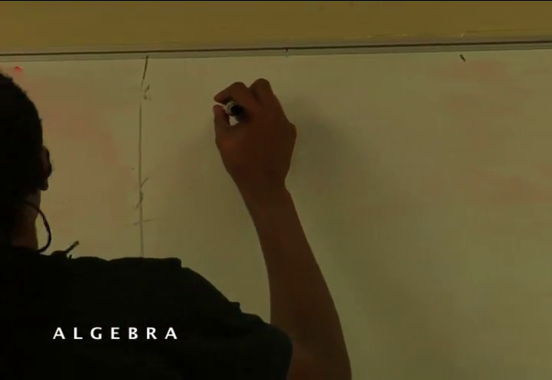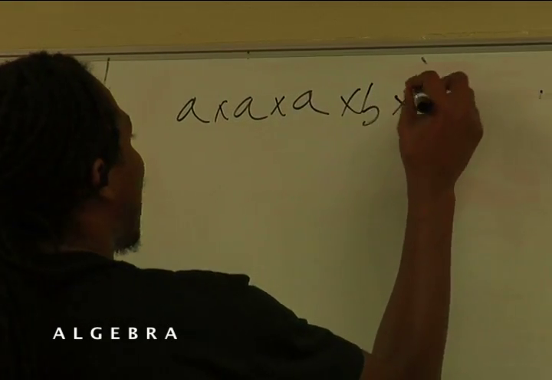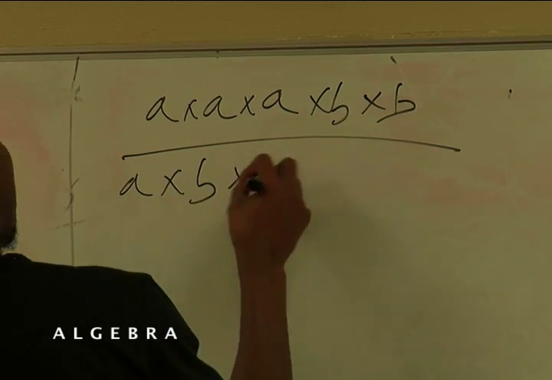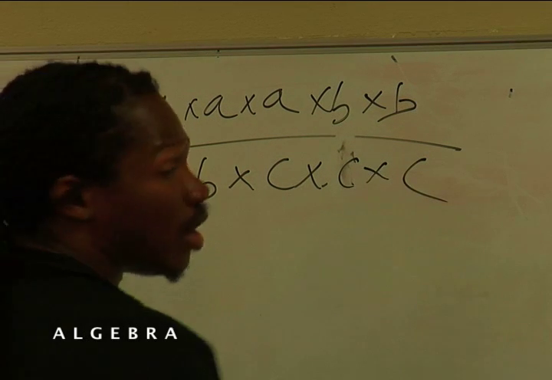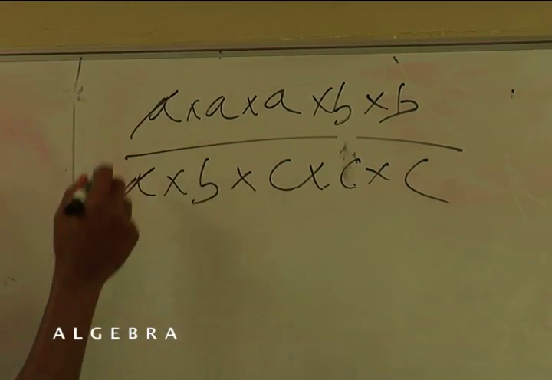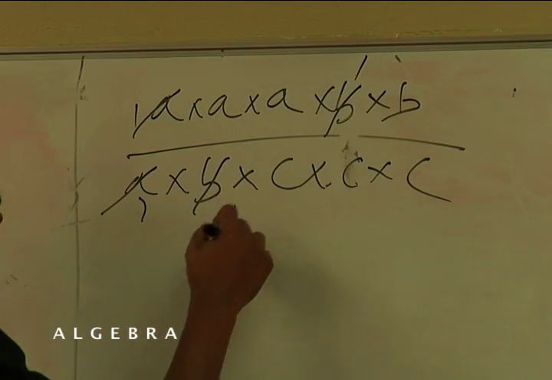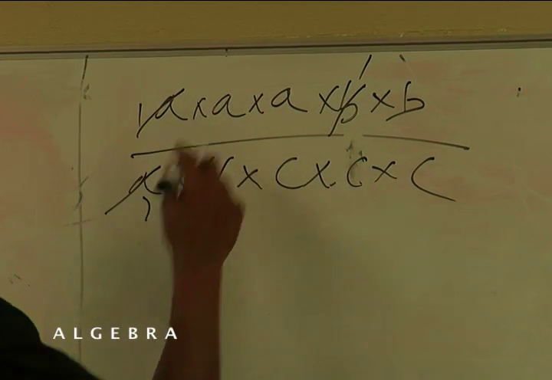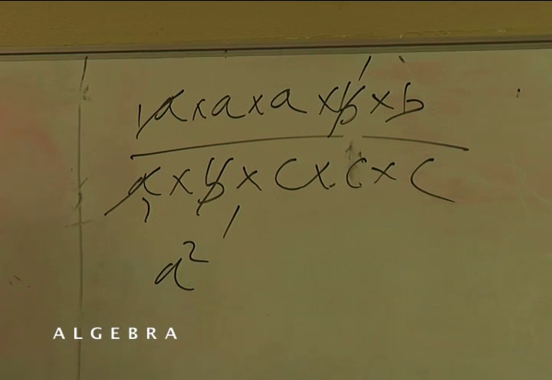a cube b square is a times a times a times b times b. And a b c cube is a times b times c times c times c. Just cancel: a 1 1, b 1 1, no c. So this is equal to a square, not 2a. If you add a to a, you get 2a.